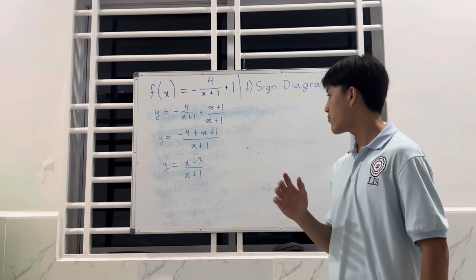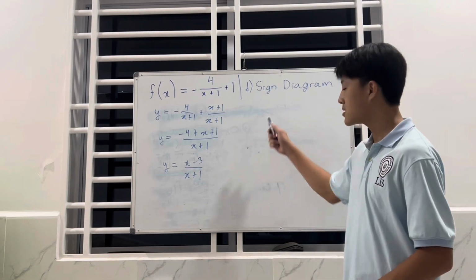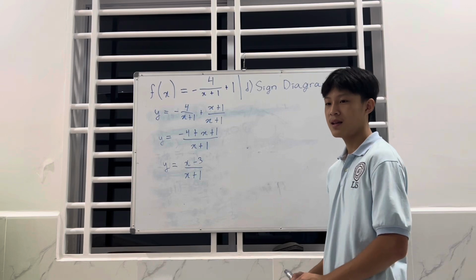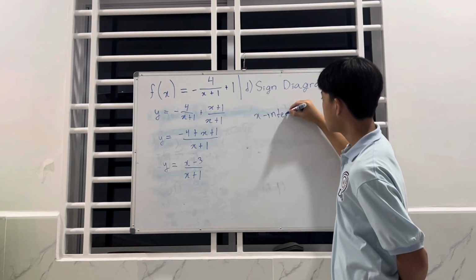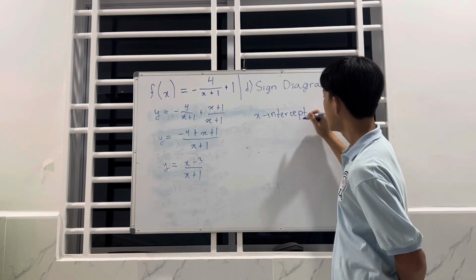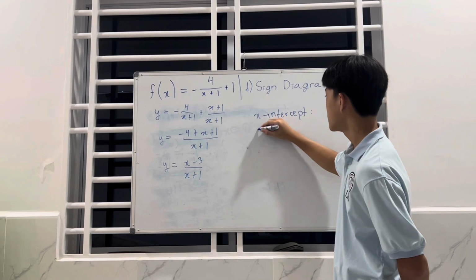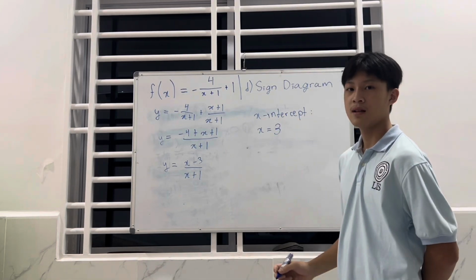But before that, to do the sign diagram, we also need the intercept and the domain. And from earlier, our intercept, we have found that x is equal to 3.